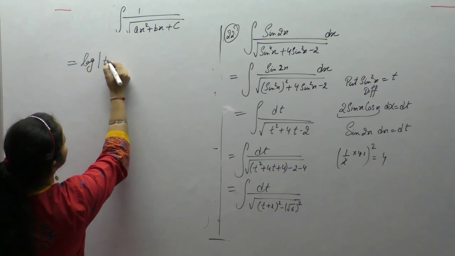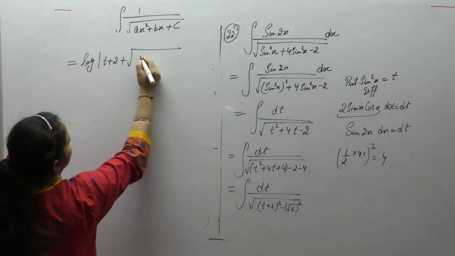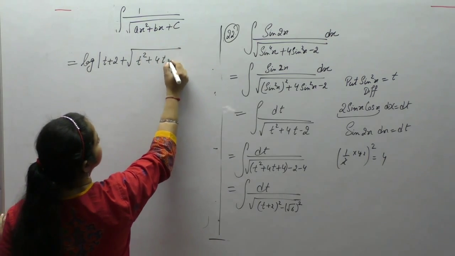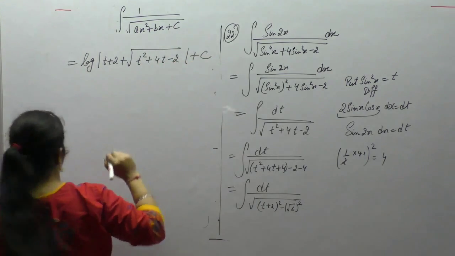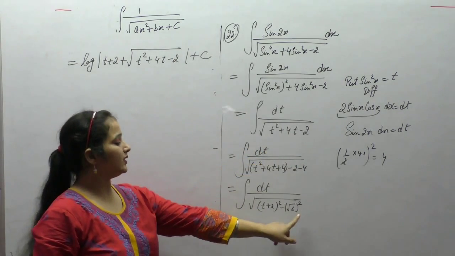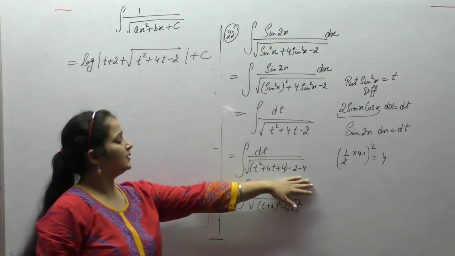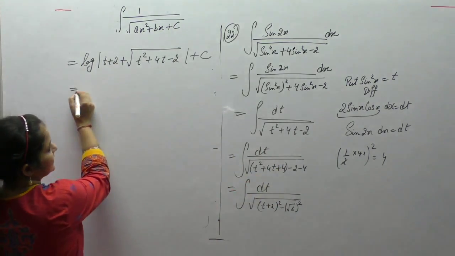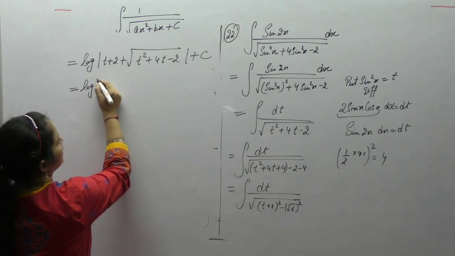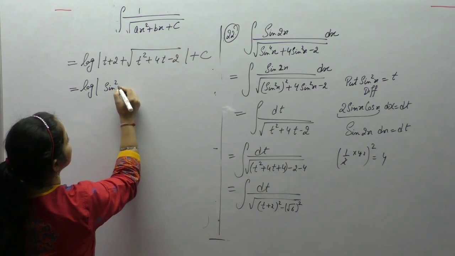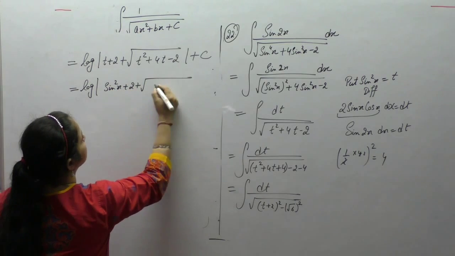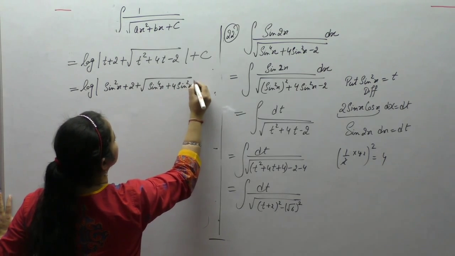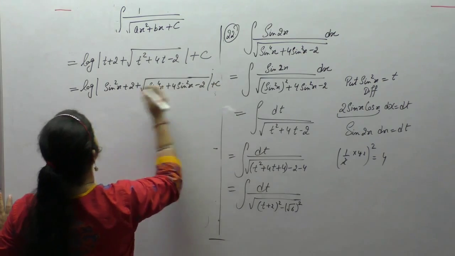Here x is t plus 2. We can directly write this step. After solving, we get log of sin square x plus 2 plus square root of sin power 4 x plus 4 sin square x minus 2, plus c.